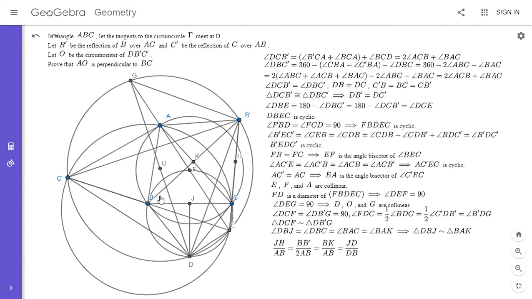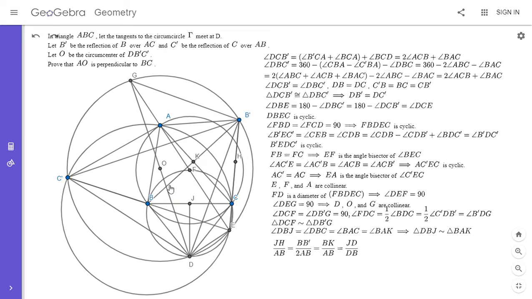So JH over AB. Well, JH is a mid-segment in triangle BB prime C because J and H are both midpoints of those two sides. So JH is BB prime over 2. So JH over AB is BB prime over 2AB. And BB prime over 2 is BK, just BK by symmetry.